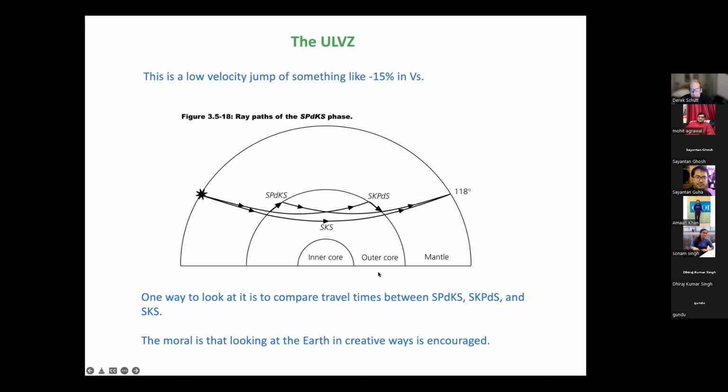And you can compare the travel times between these phases and SKS and figure out that there are low velocities, for instance, here or here. So we won't go into this in any great detail, but the idea is that looking at the Earth in creative ways tells us interesting things about the Earth.